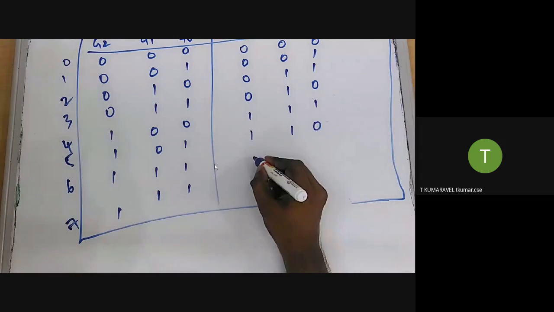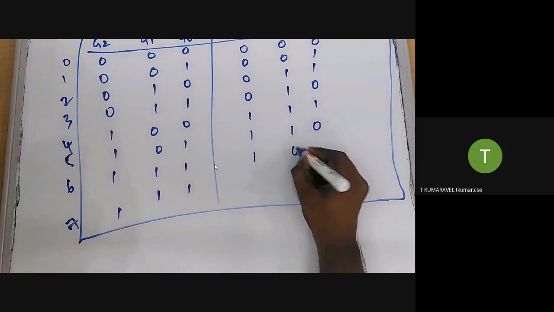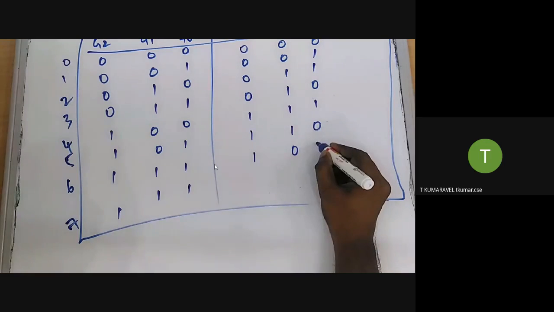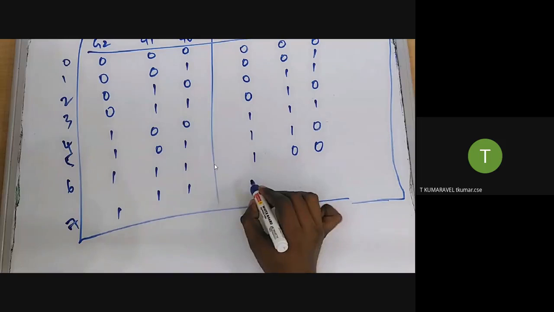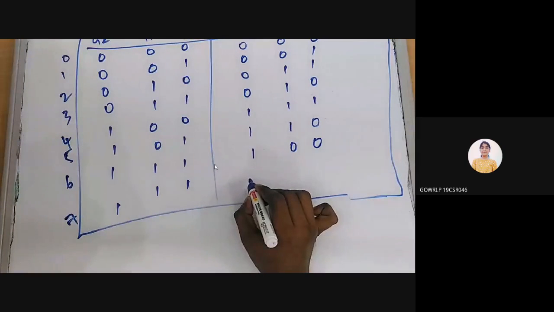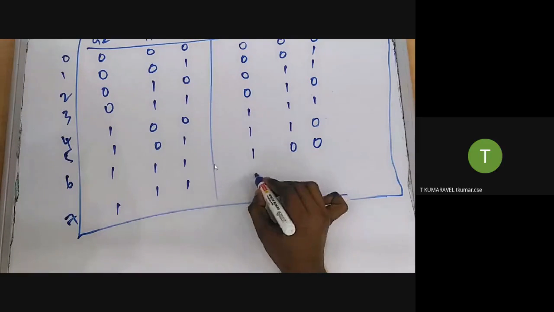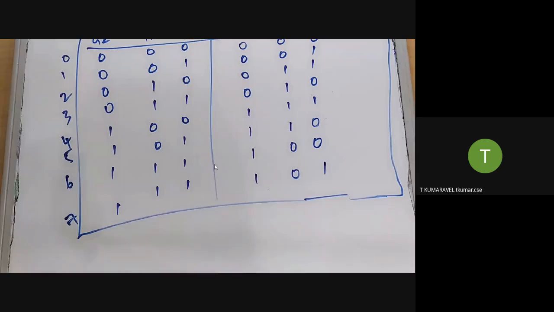What about the next case? 1, 1, 0. 0, 0. What about the last case? 101. Super, 101.